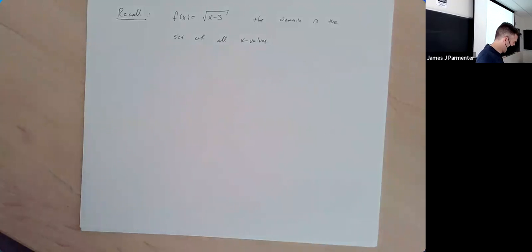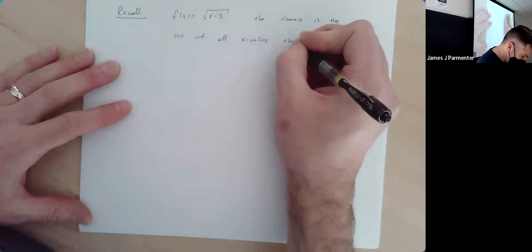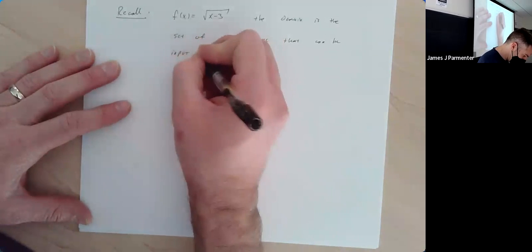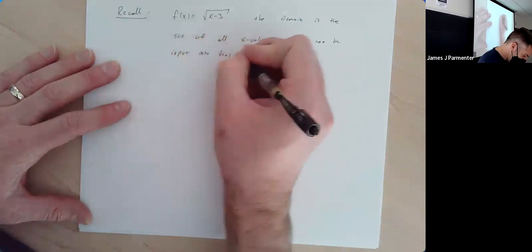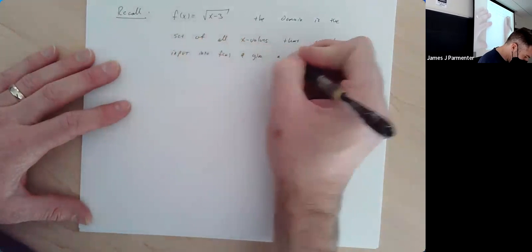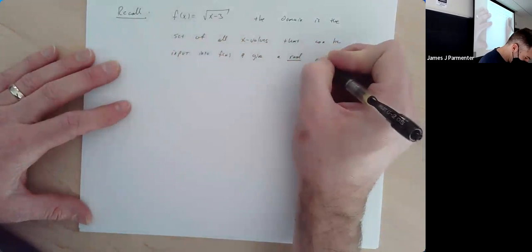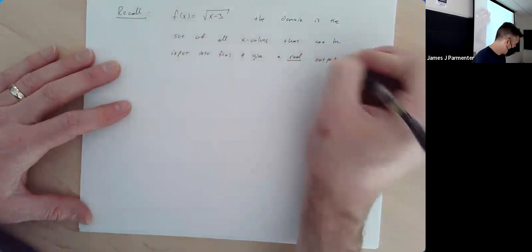Things that we can put into the function that can be input into f of x and give a real output. It does need to be real.